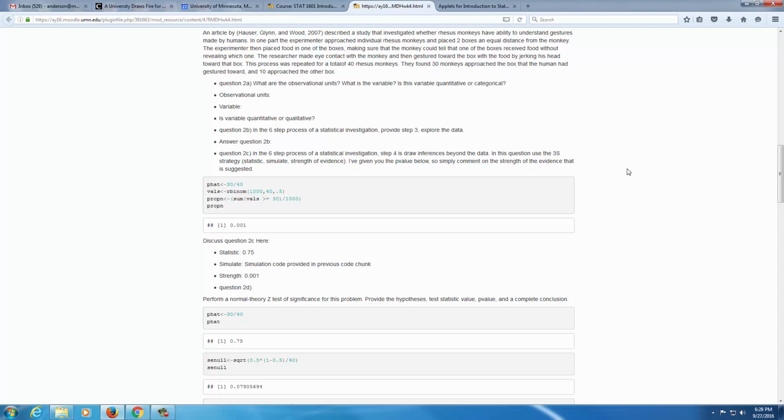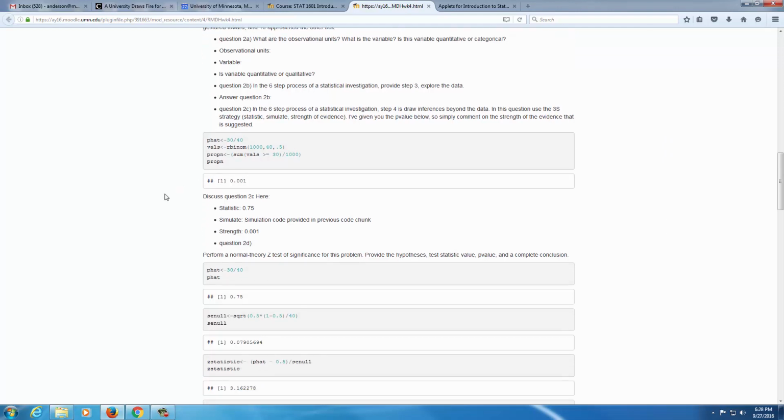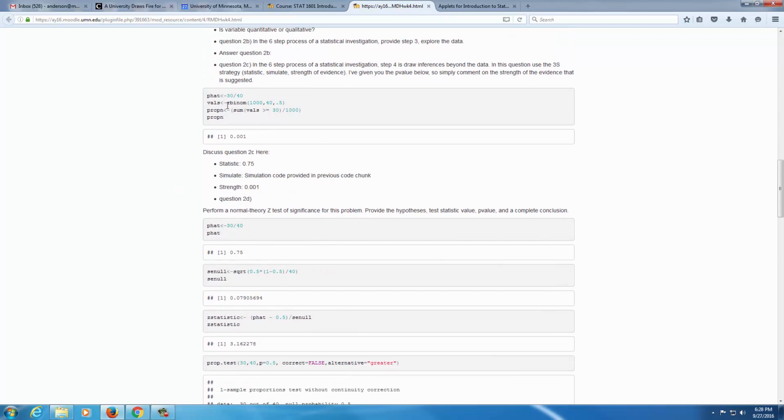For question 2c, we are going to simulate what box behavior should be like if the monkeys were just choosing the gestured box at random. And that is being done here through the rbinom command. Right here in this line, I'm simulating 1,000 experiments, each with 40 trials, and the monkeys are choosing the gestured box with probability 1/2.